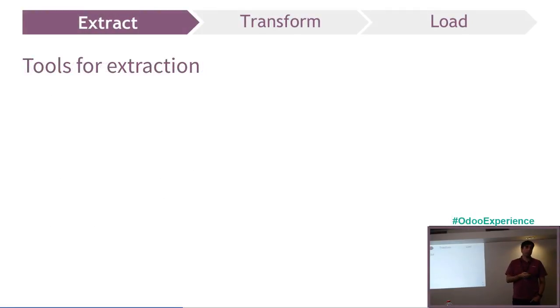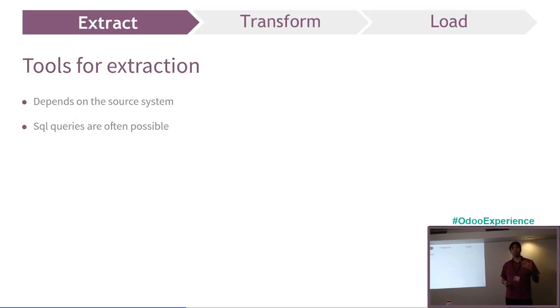Tools for extraction. Since each source system is different, I cannot advise you a tool. Most of the time, you will have a SQL database, so you can make SQL queries. I'm sure there are good tools that do that. Sometimes there are web services, and your client is also a good tool to extract the data.